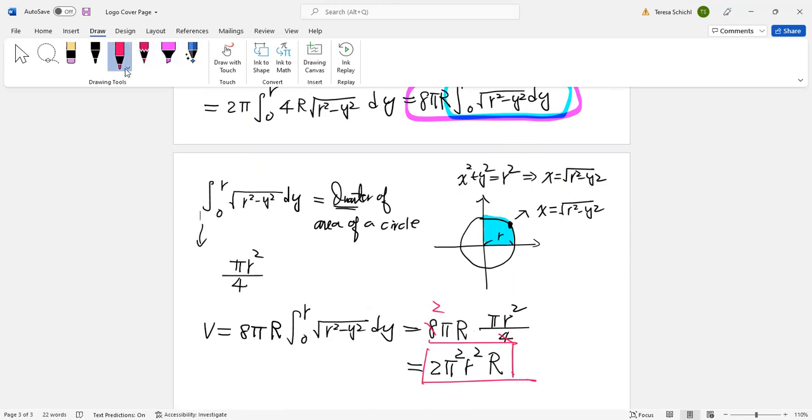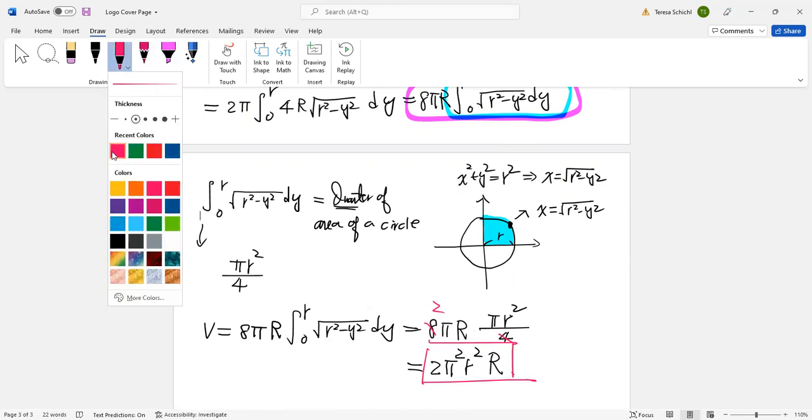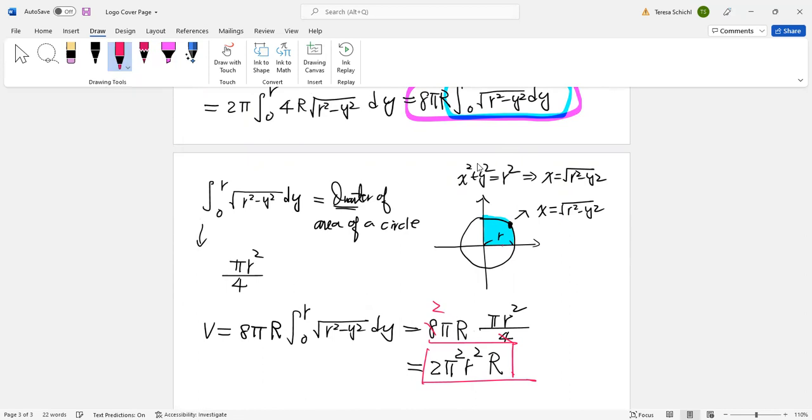That means you are slicing this way. So x is equal to the square root of r squared minus y squared, and then you integrate it from 0 to r. So you get only this quarter of the area here.